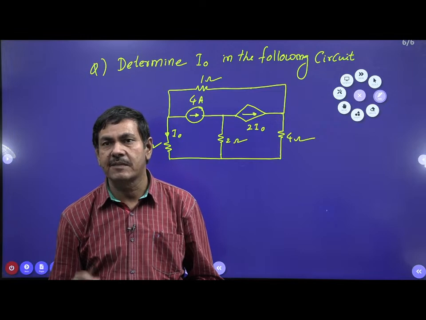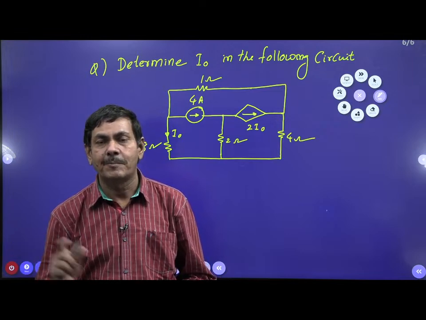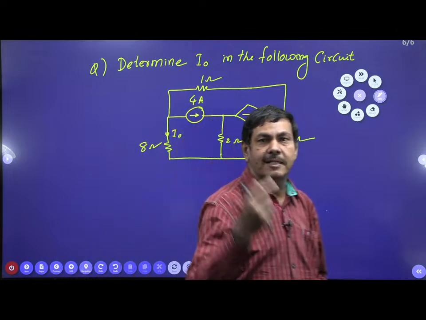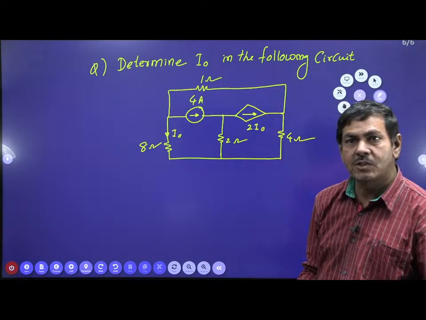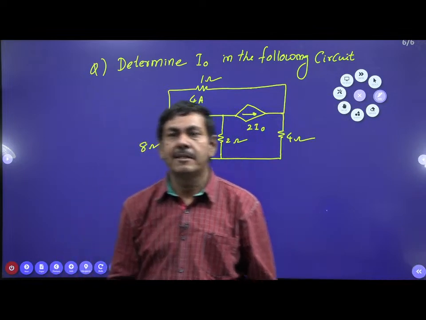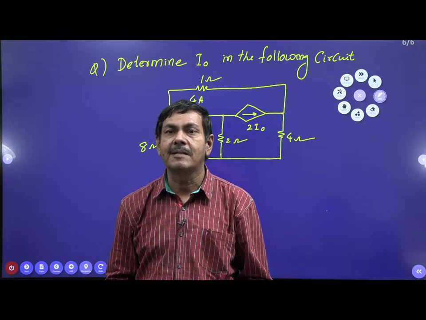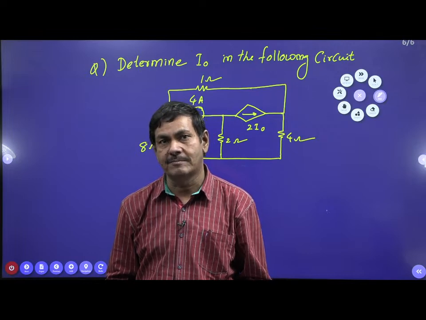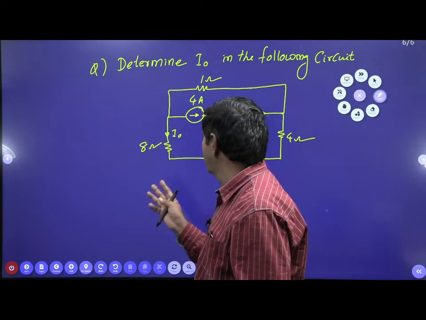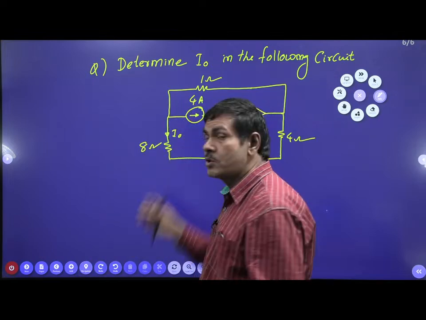If you have more current sources, the problem is very simple. But if current sources are not given that many, and voltage sources and resistors are given in the problem, it is going to take more time. Current sources more, but don't say, sir, here I got one independent source and one dependent source. Is it easy?